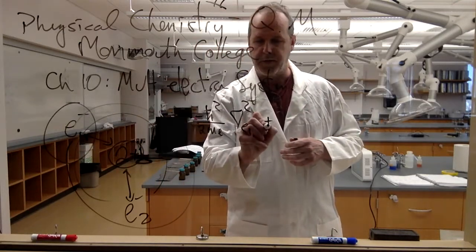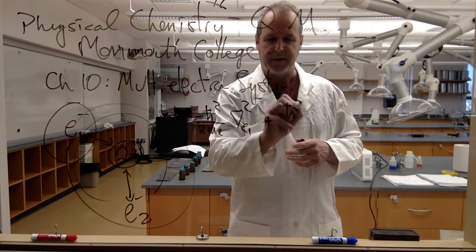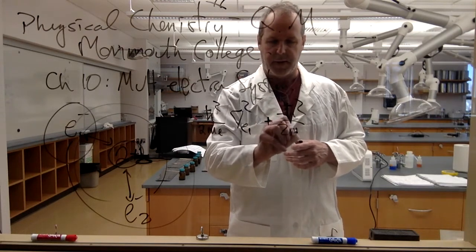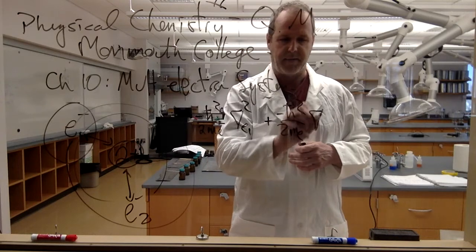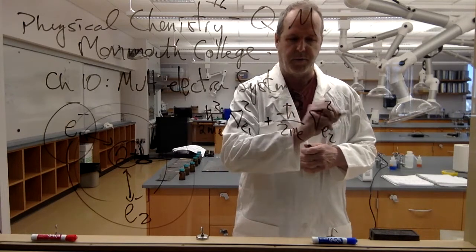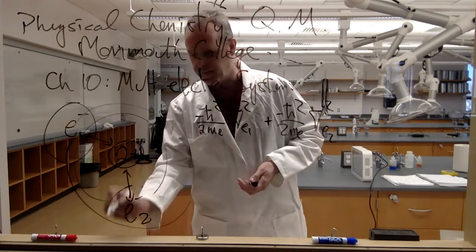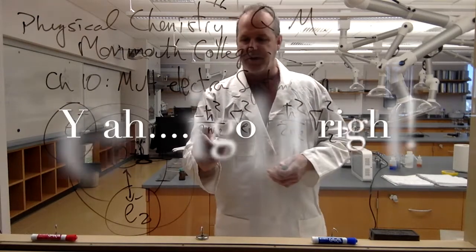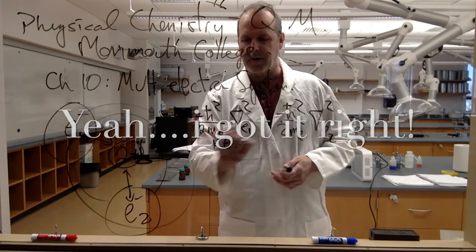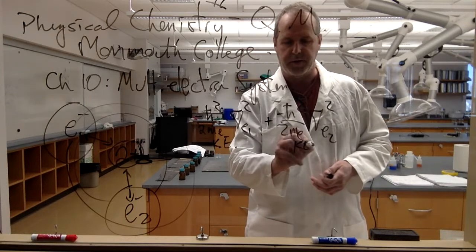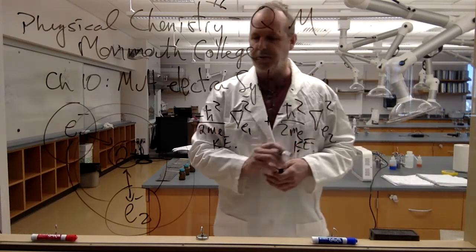Now with electron 2, we now have to have a second term like this, mass of the electron, and we have now del e2 squared. So now we've got the kinetic energy term for electron 1 and kinetic energy term for electron 2.